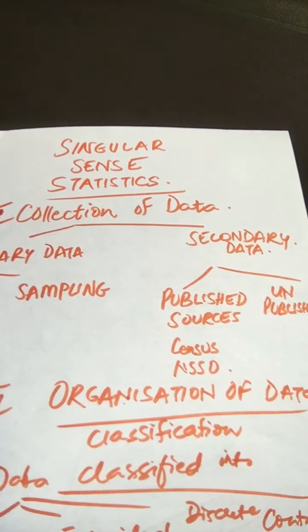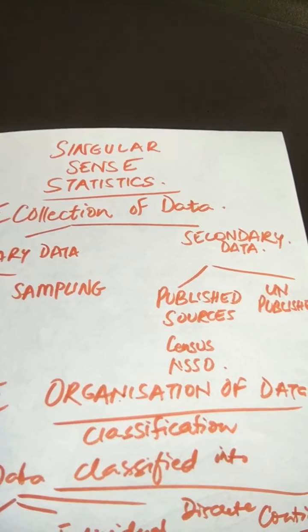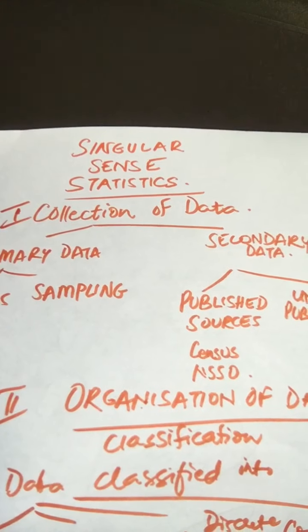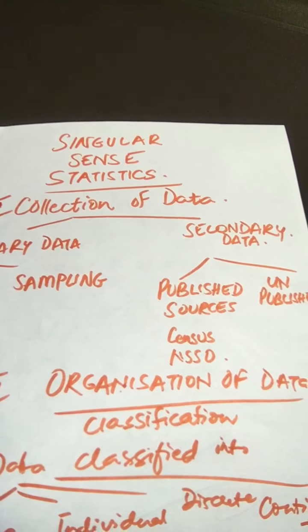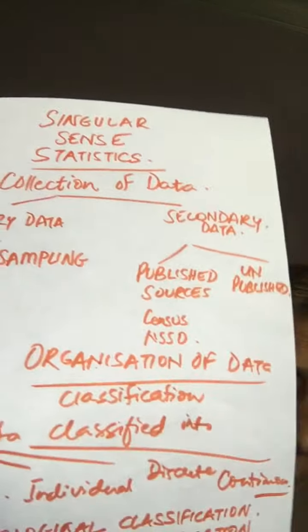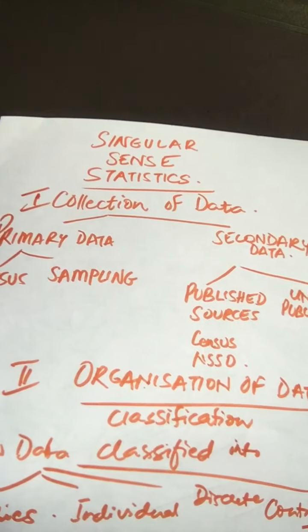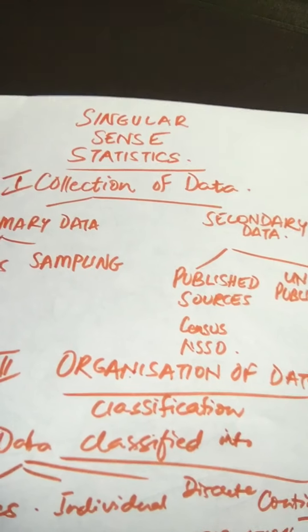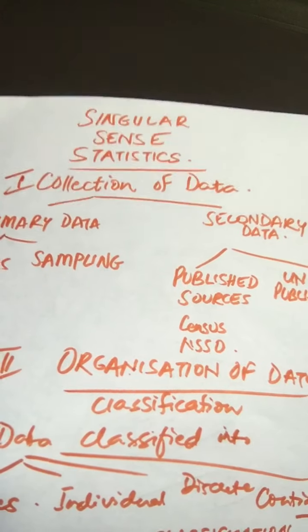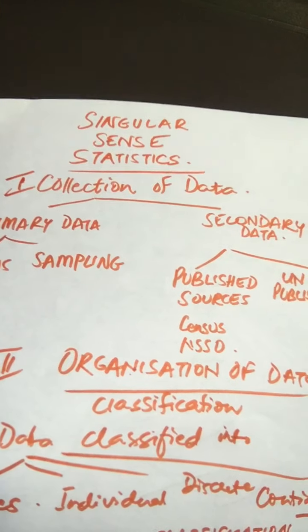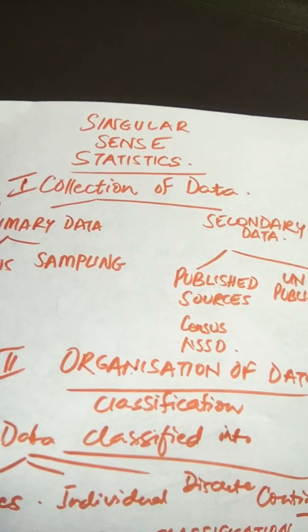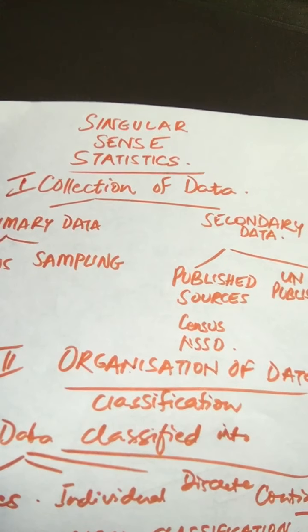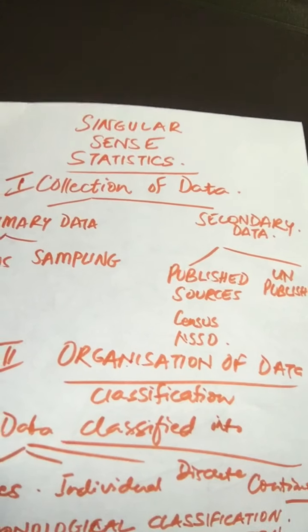Is it primary or secondary? If it is primary, did you use census or sample? And if it's secondary, is it published or unpublished data? Even if it is published data, the primary data that they collected for the census method can be used as secondary data by somebody else for some other purpose.